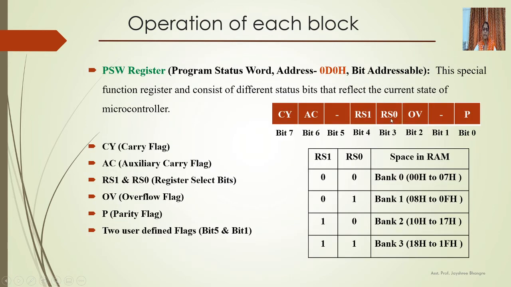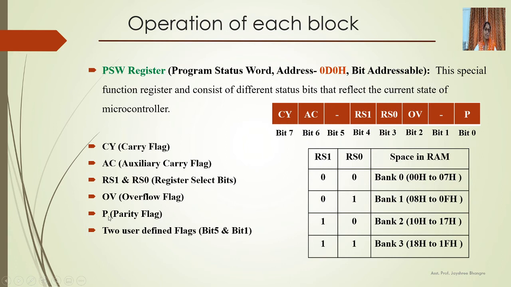Then next flag, that is bit 2, is an overflow flag. If the result of an 8-bit operation is greater than 8 bits, that means the sign flag gets affected in the operation, at that time the overflow flag will be set, otherwise it is cleared. Then bit 0 is a parity flag.